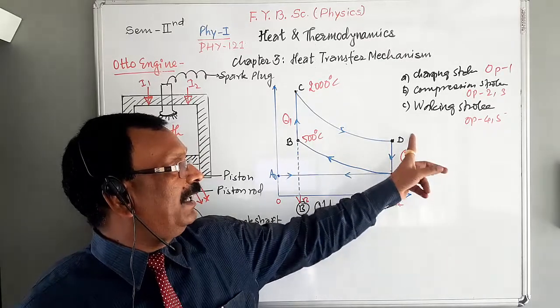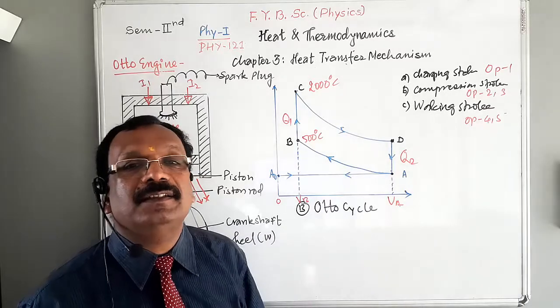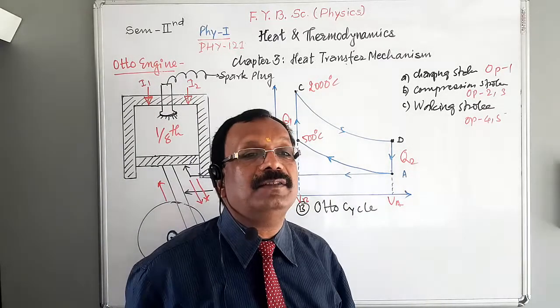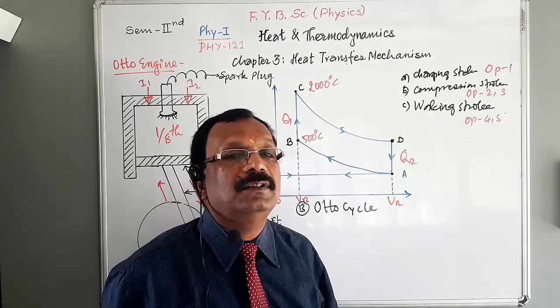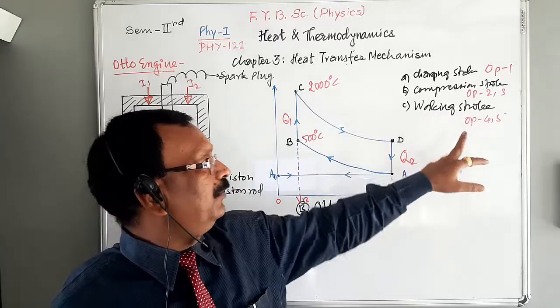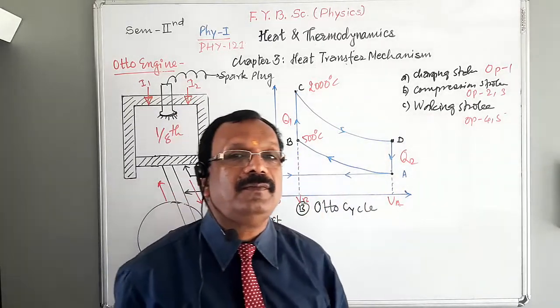Temperature decreases from Td to Ta and pressure also decreases from Pd to Pa. As there is a decrease in temperature and pressure, the change of state, operation number 5, is represented by the line DA on this Otto cycle.